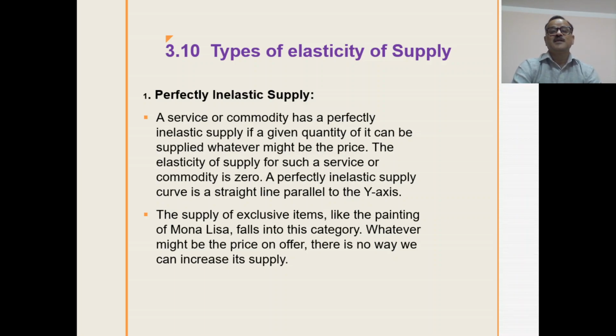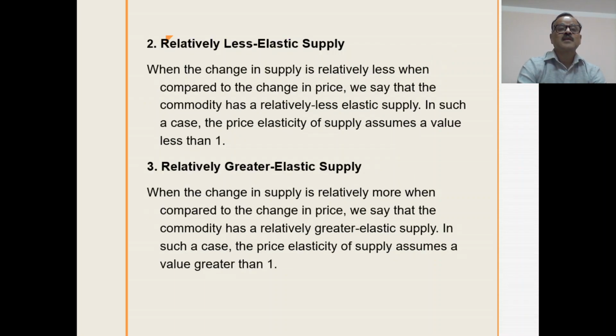The elasticity of supply for such a service or commodity is zero. A perfectly inelastic supply curve is a straight line parallel to the y-axis. The supply of exclusive items like the painting of Mona Lisa falls into this category. So the supply of such items comes under perfectly inelastic supply. Whatever might be the price on offer, there is no way we can increase its supply.